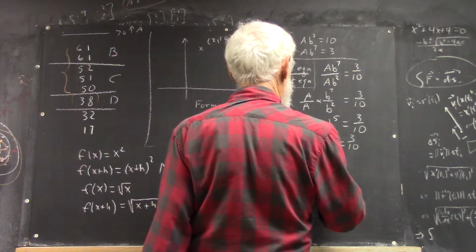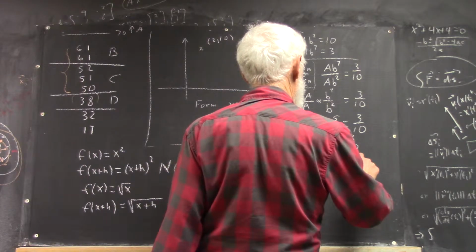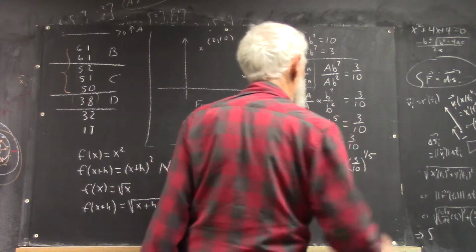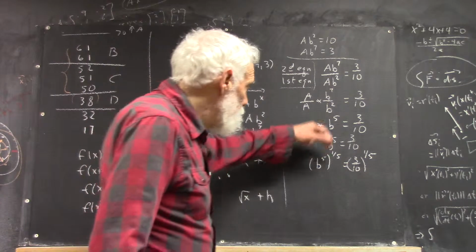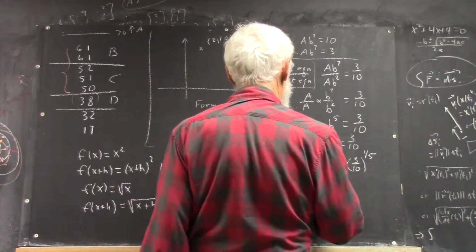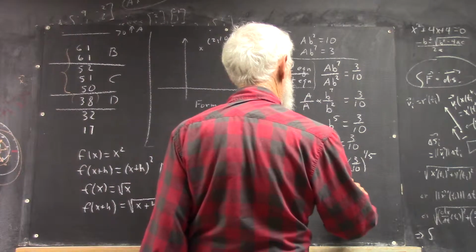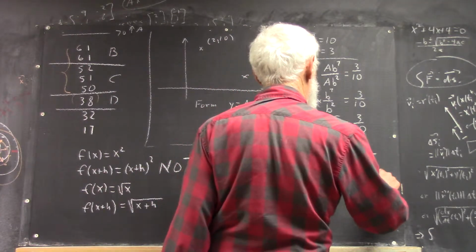Raise both sides to the 1/5 power. b to the 5th to the 1/5 is b to the 5 times 1/5, and this is 3/10 to the 1/5.